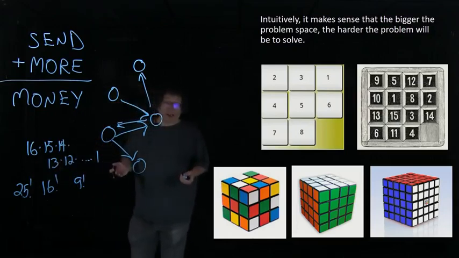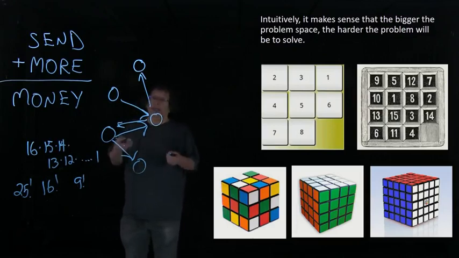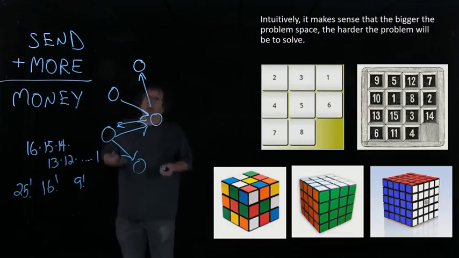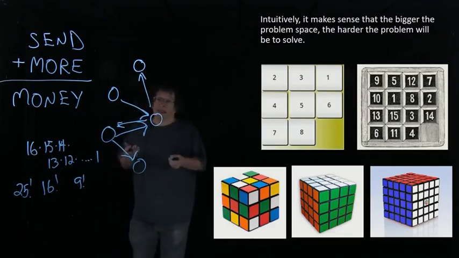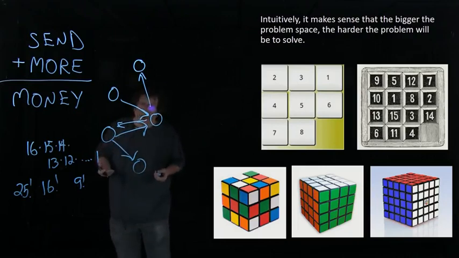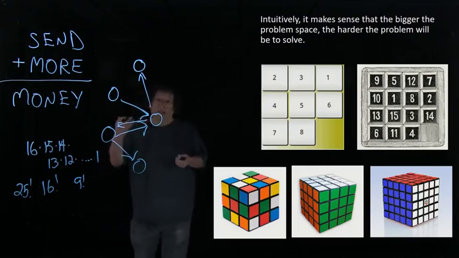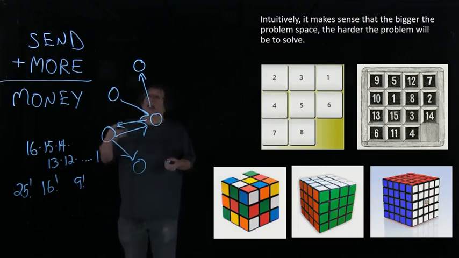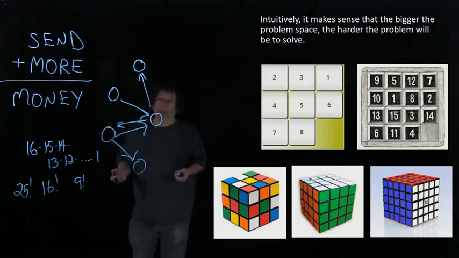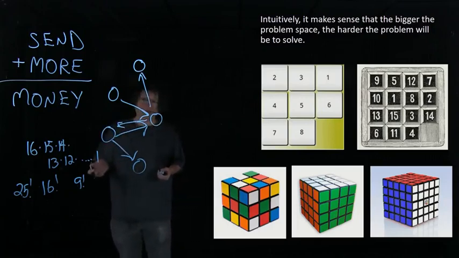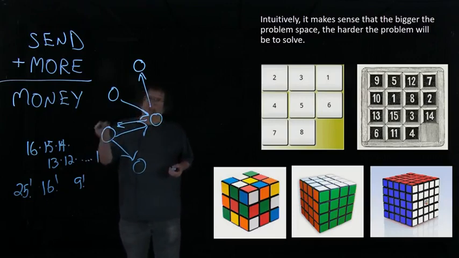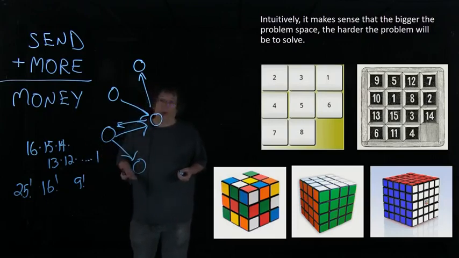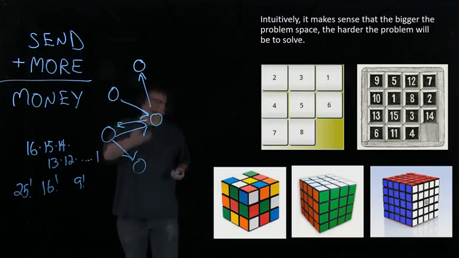Counting states for the Rubik's Cube takes considerably more work, but again, it turns out to be the case that the 3x3x3 cube has quite a few distinct states. It's a very large problem space, but it's smaller than the 4x4x4 cube, which itself is a good deal smaller than the 5x5x5 cube.